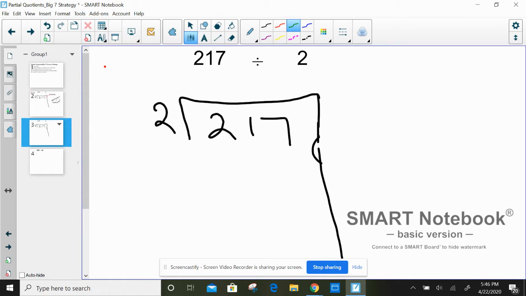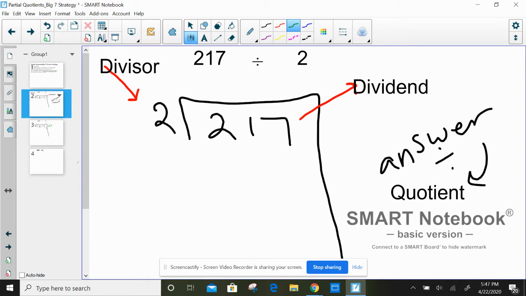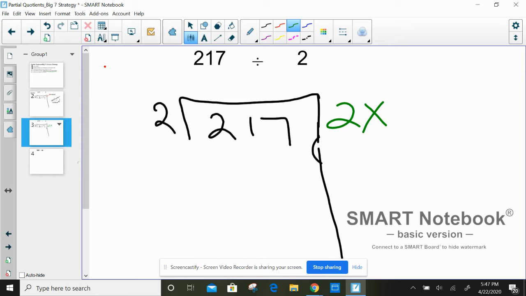So we're going to take our 2 and multiply it by something to get us somewhat close to 217, because our goal is to repeat until the number is less than the divisor. We want to get this 217 as low as possible, okay?